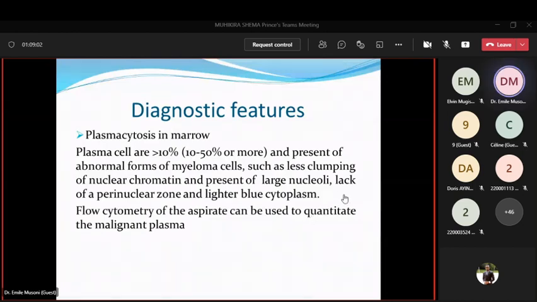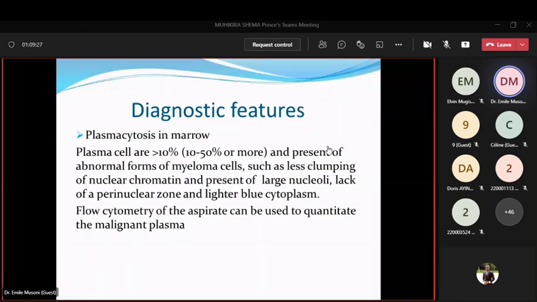These are features of abnormal plasma cells. In that case, you are dealing with multiple myeloma. But if you find three plasma cells, don't think that you have multiple myeloma. There must be abundant and increased cellularity of plasma cells in the bone marrow.